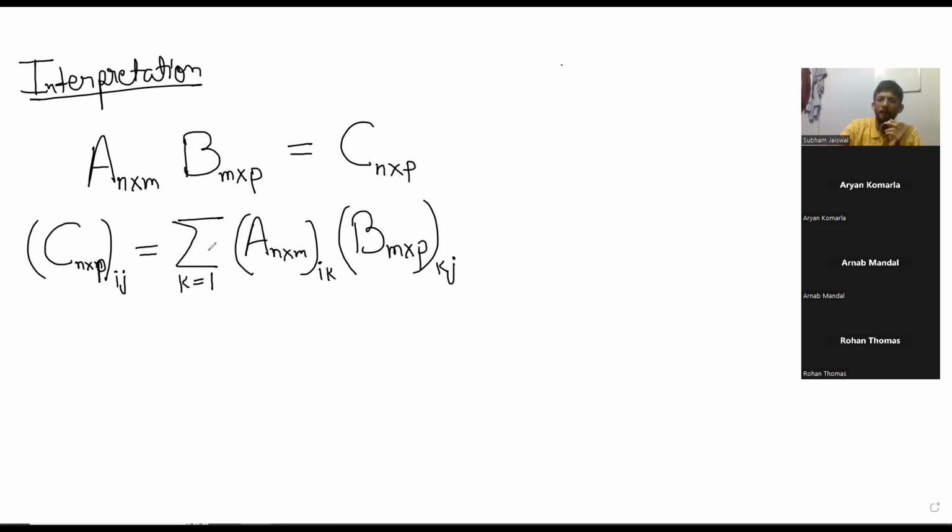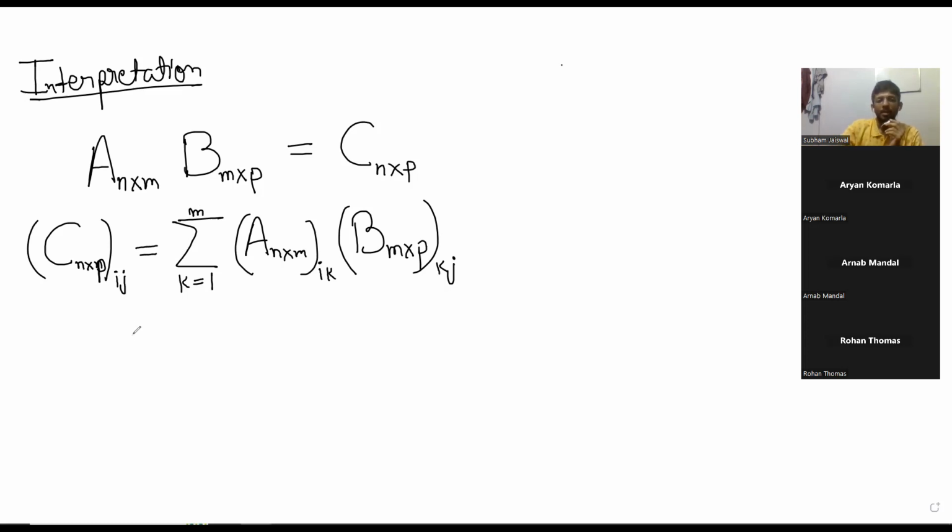From 1 to m. Yes, exactly, it's the only thing possible. Arnab, is this notation okay? Yes. So this is the rule of matrix multiplication.